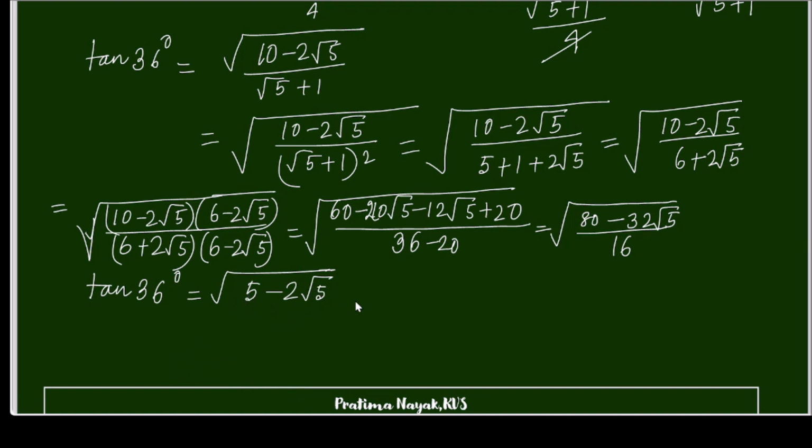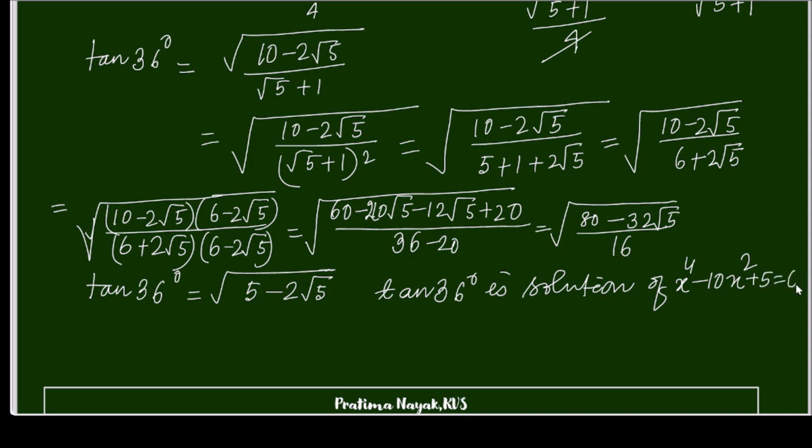So tan 36 degrees is a solution of, or one of the roots of, x to the power 4 minus 10x square plus 5 equal to 0. And what is the other root?